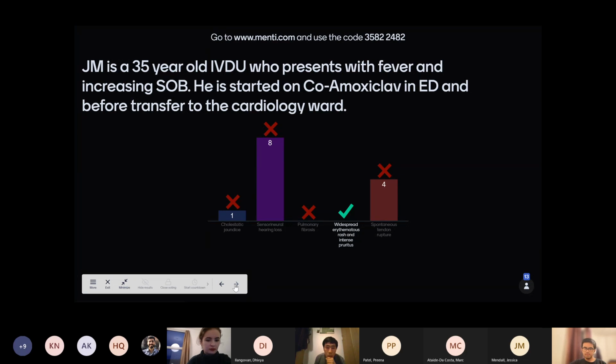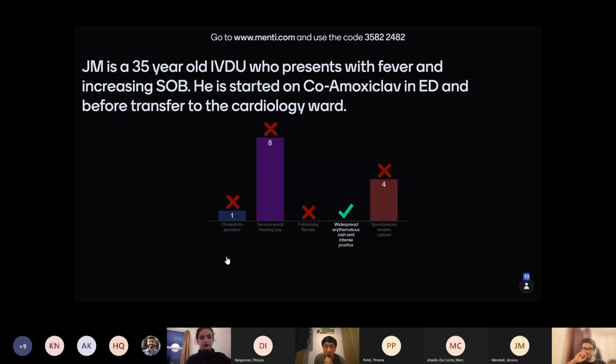Okay. Before we go on to the next slide, I think it's useful to go through the other side effects, because they're all side effects of other antibiotics. Cholestatic jaundice. There's quite a few that do this, but can anyone give me an antibiotic that will give you cholestasis? Co-amoxiclav, fantastic.